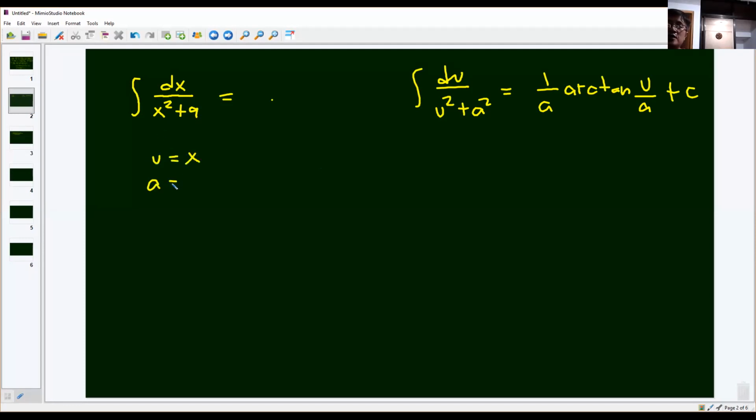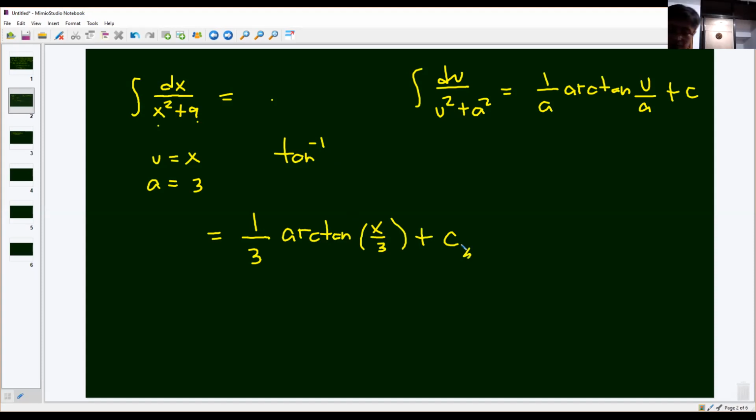A is 3, because that's a squared, that's u squared. So following the form, you have 1 over 3 arctan or tan inverse if you want to use the symbol. Ayan, no worries. U over a, that's x over 3 plus c. Right? Oh, that's very easy.